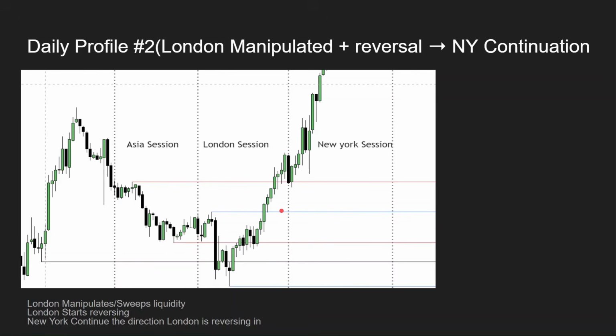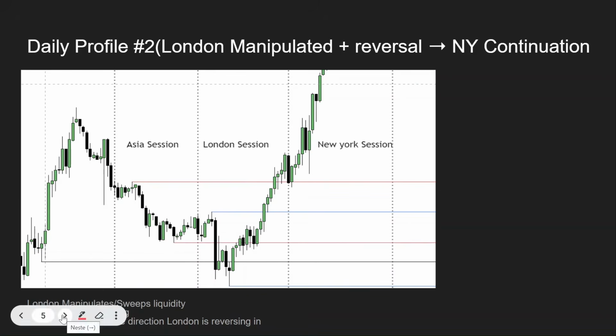That's the same as manipulating, basically. We can see that it starts reversing inside of London session, and when price starts to reverse like this after manipulating a low or a high, we can then expect New York to be a continuation.